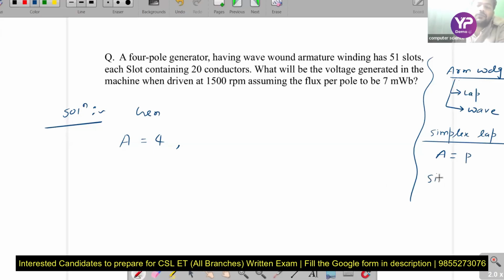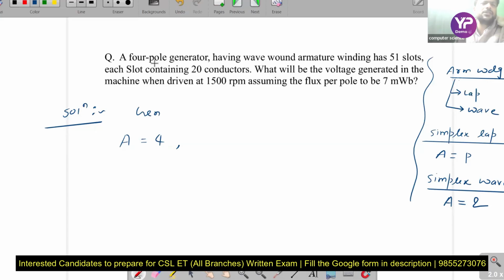In simplex wave winding, the number of parallel paths is 2. In wave connection, parallel paths equal 2, but in lap connection, the number of parallel paths depends on the number of poles.